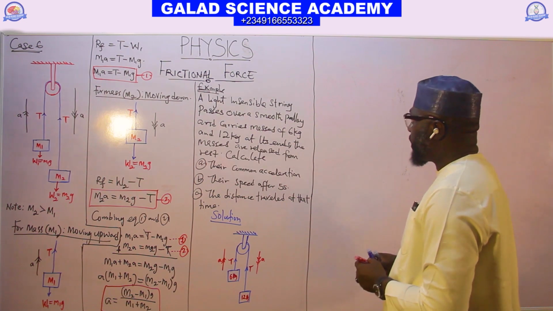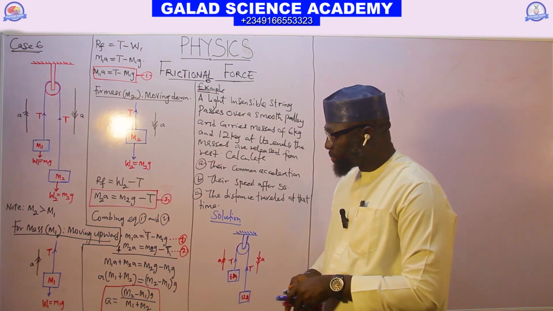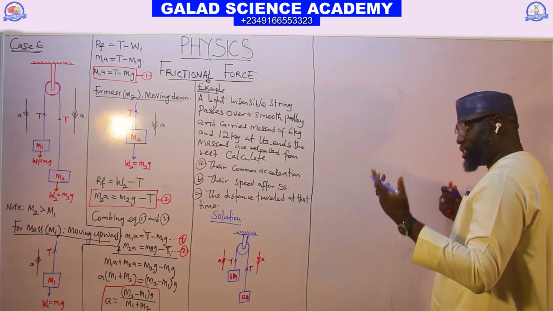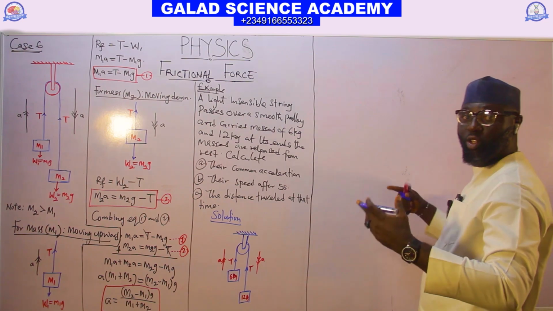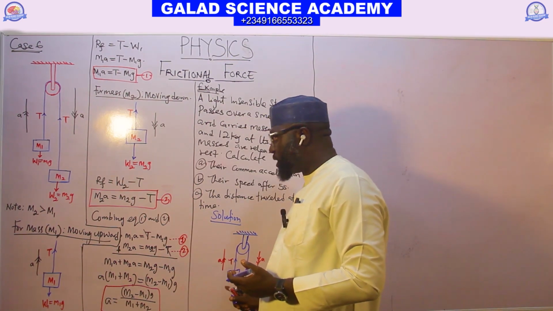So we are asked to find the tension. Let us apply our formula. You can still do it normally. There's no need for you to memorize the formula. Note that tension is more than weight here.